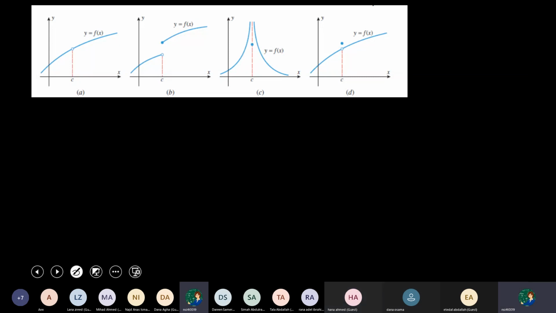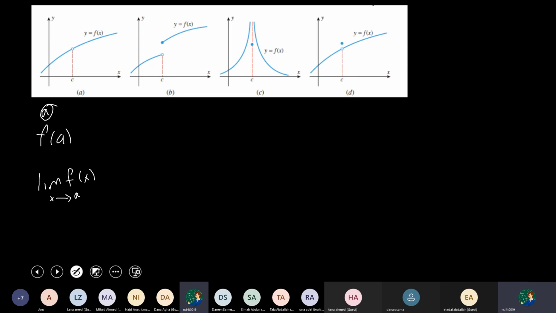Let's have these graphs here now. Look at number A. In number A, I want you to find f of A, the limit of f when x approaches A, and also check if they are equal.